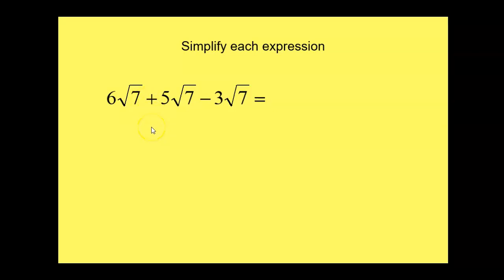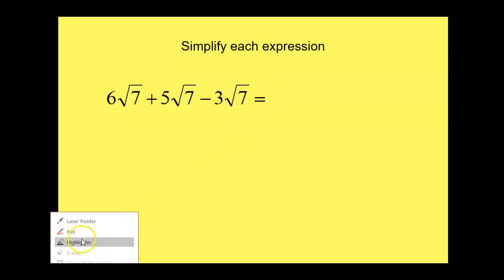So very similar to adding and subtracting like polynomials, where we have x or x squared, they have to be like terms in order to add them, and we add them the same way. We just take the coefficients out front and add or subtract those numbers. So first thing is to make sure that they all are like terms, and since these all are, we can go ahead and add the coefficients. So I would just do 6 plus 5, which is 11, and then 11 minus 3, which is equal to 8.